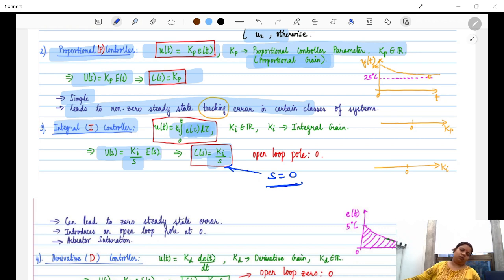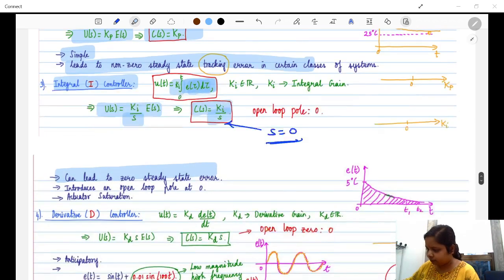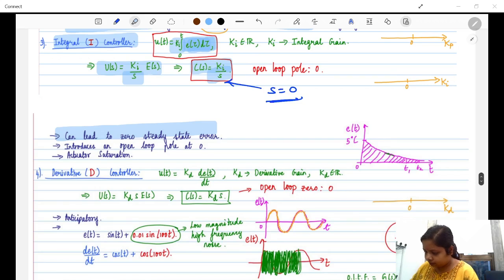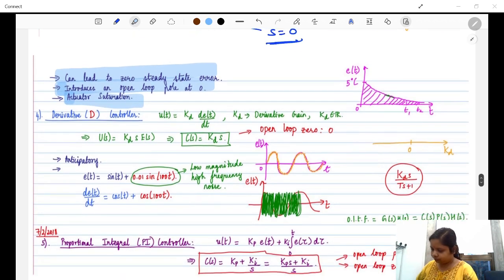Always remember that when you introduce an integral controller in the system, you are going to introduce a pole at s is equal to 0. It was taught that it can lead to zero steady state error, right? Yes, it introduces an open loop pole at 0, and actuator saturation is also possible here.